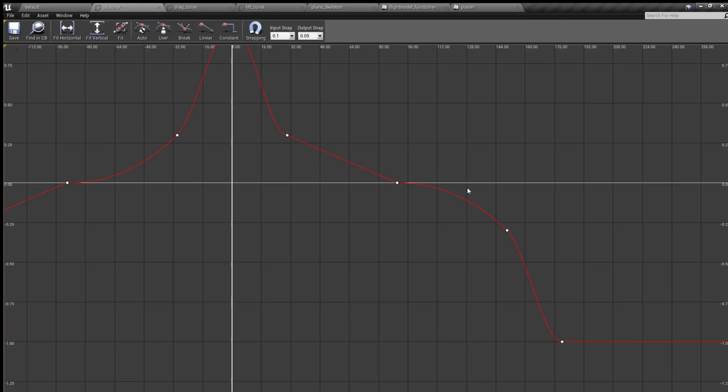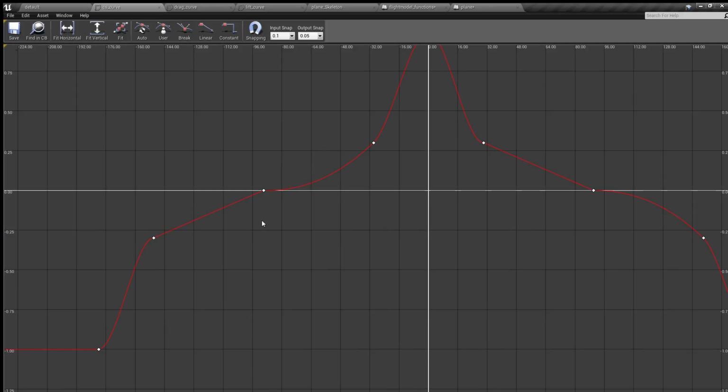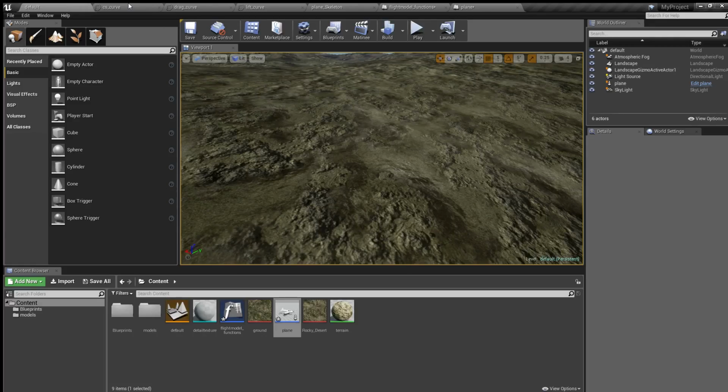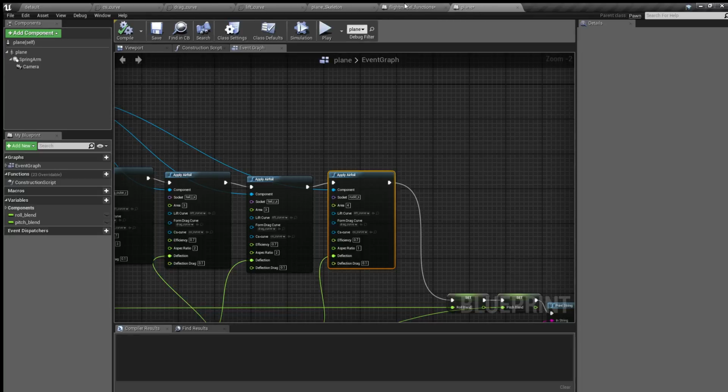Again, if your aircraft would somehow, I don't know how, get to fly backwards, the control surfaces would actually act in reverse. Okay, so back into our actual blueprint.